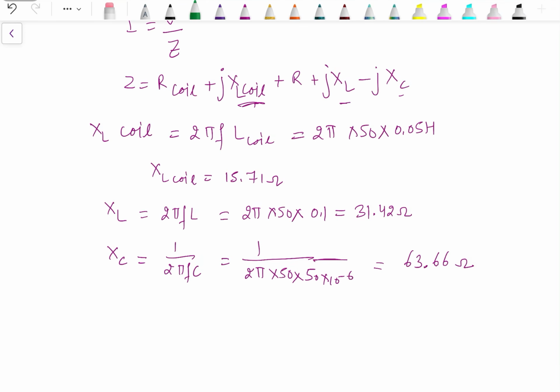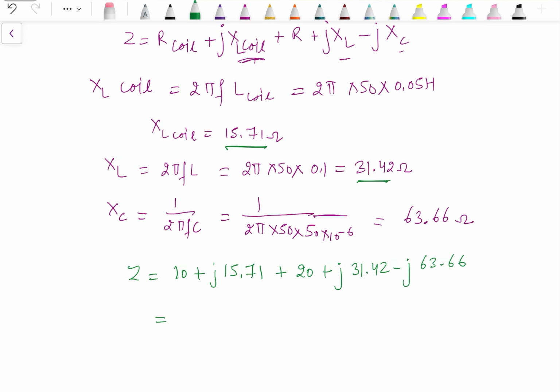So the impedance of the circuit Z is resistance of coil, that is 10 ohm, plus j XL of coil plus 20 ohm resistance plus reactance of the inductor j 31.42 minus reactance of capacitor.